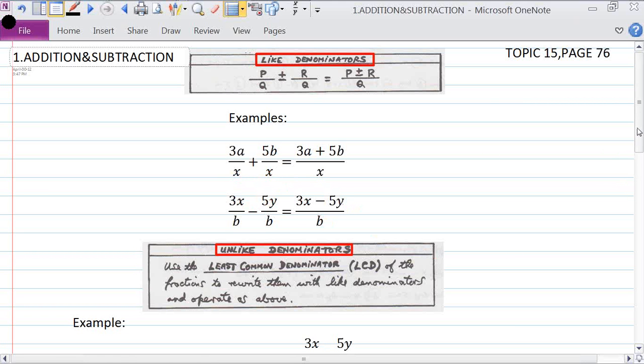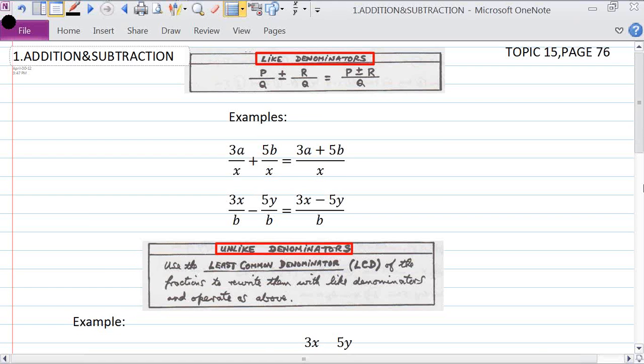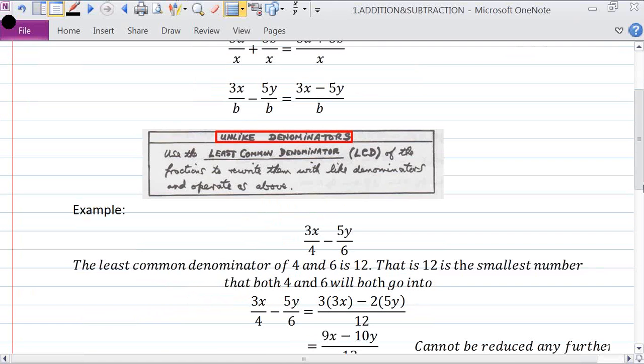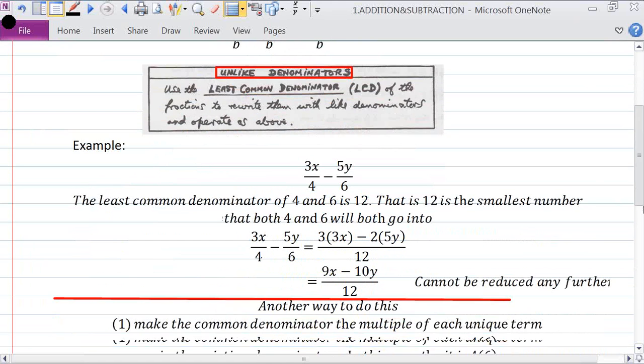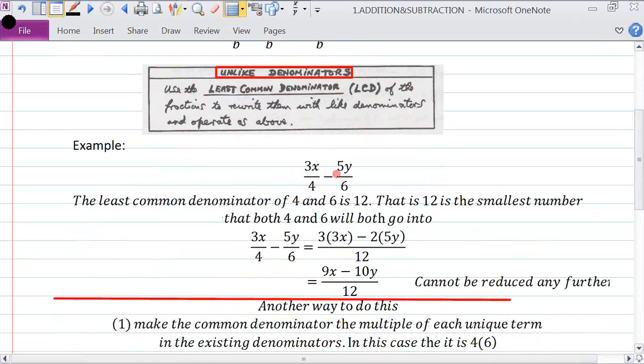denominators are the same. What if the denominators are not the same? So if we've got unlike denominators, let's say we have 3x over 4 minus 5y over 6. I can choose the least common denominator of 4 and 6. So that's what we do, the LCD.